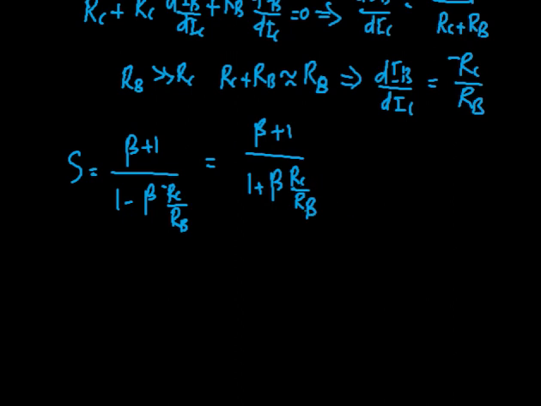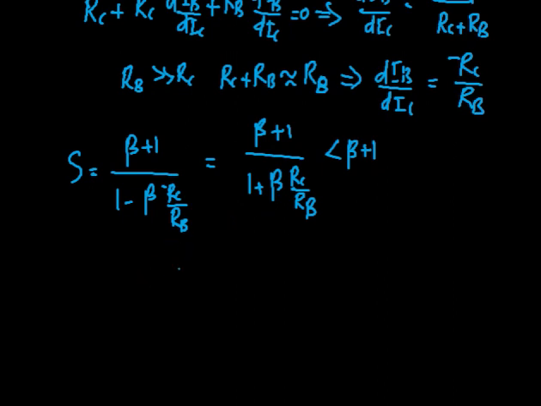Now even though RC by RB is less than 1, multiplying by beta will make it a larger value, and it is 1 plus that, so it will definitely be less than beta plus 1, because beta plus 1 is divided by a number greater than 1. So S is always less than beta plus 1.